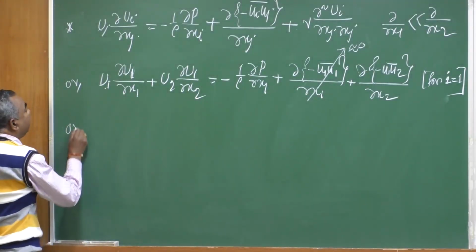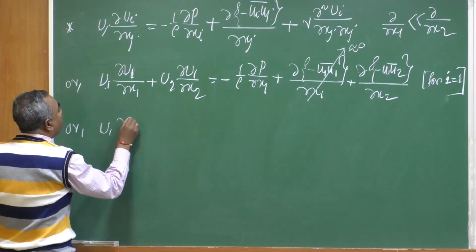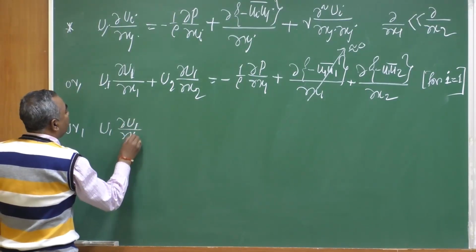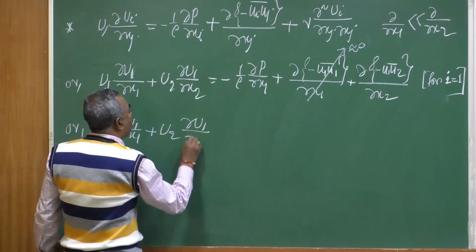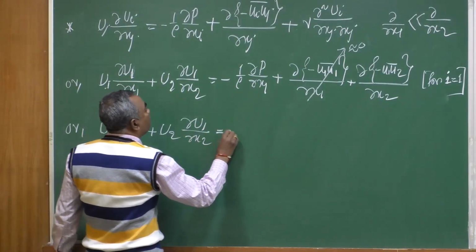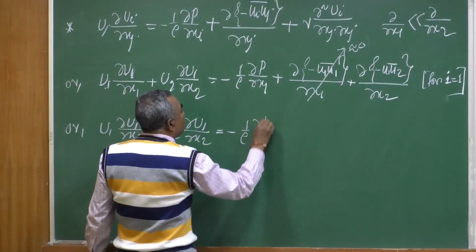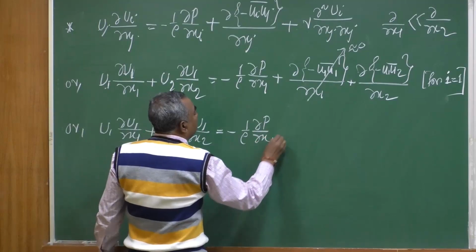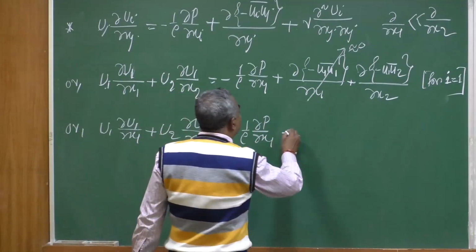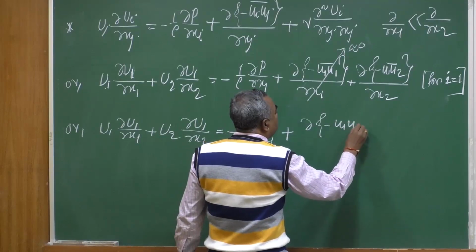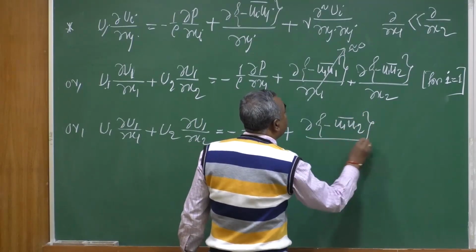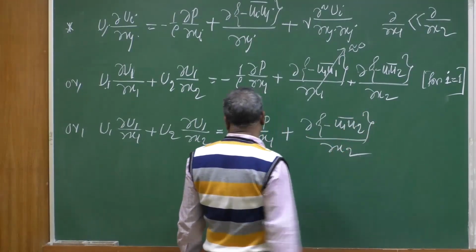Then we can write this equation as u1 del u1 by del x1 plus u2 del u1 by del x2 is equal to minus 1 by rho del p by del x1 plus del u1 u2 bar by del x2.